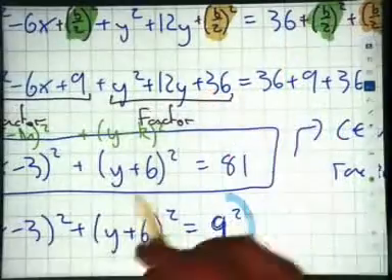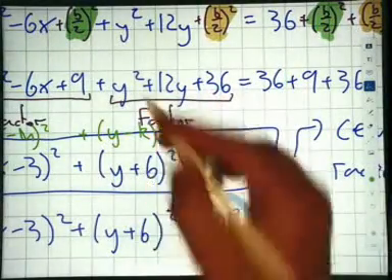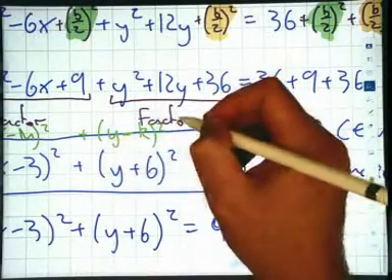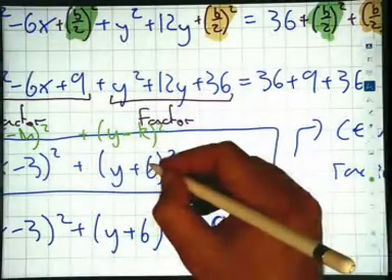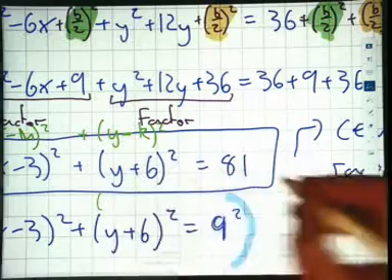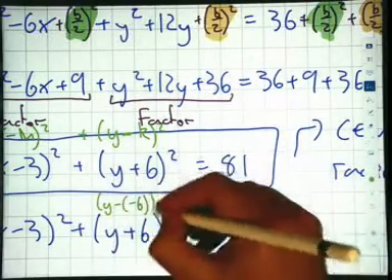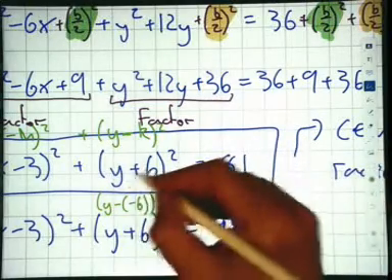Now, look at this. It's y plus 6. Well, that doesn't match our form of y minus k. So how do we get y plus 6 to look like y minus k? Well, we could rewrite this as y minus a negative 6. Isn't that the same?